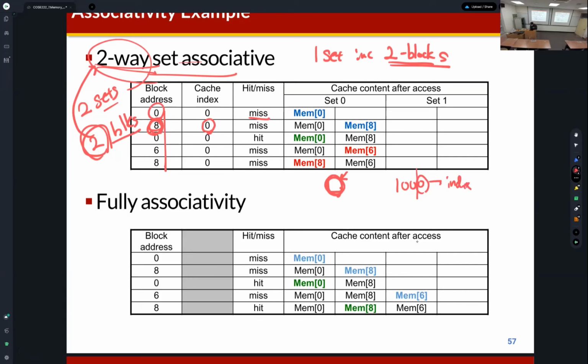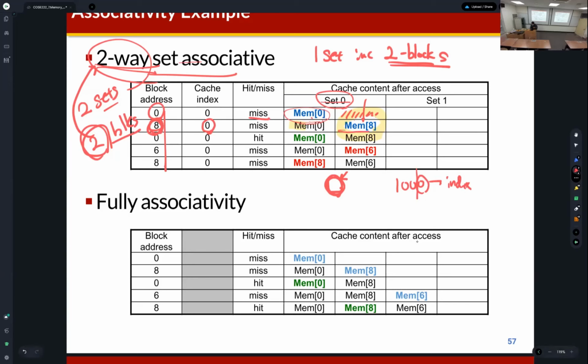In this example, this cache is a two-way set associative cache. So memory block 8 can be allocated to the empty slot of the target set. The set 0 has 2 blocks, the first block is occupied by memory block 0, and this set has an empty block here.